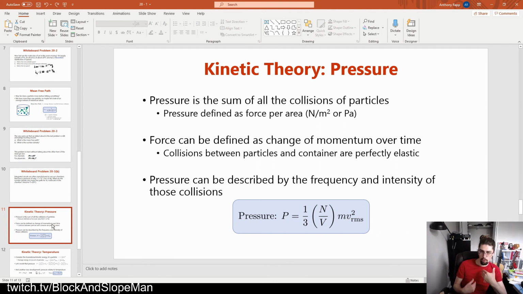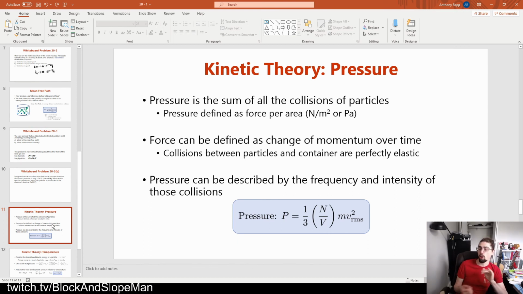We're not going to work through this derivation, but sufficient to say that if you take it over some period of time, then the pressure is a result of, well, m v_rms squared.